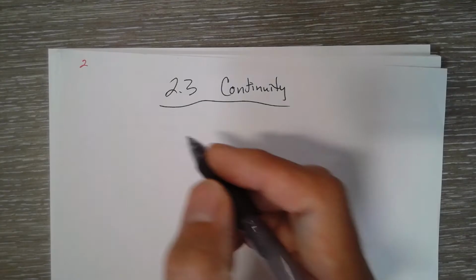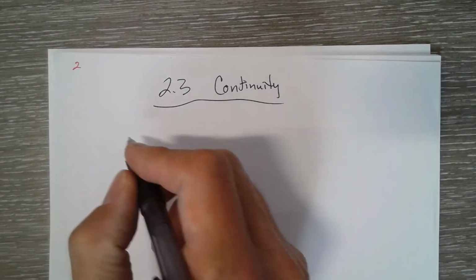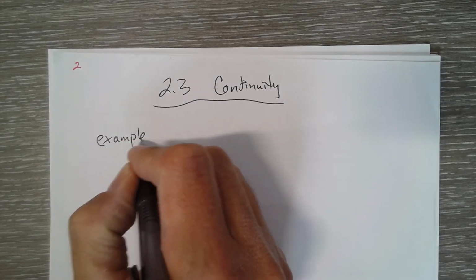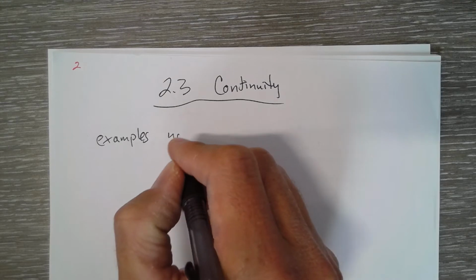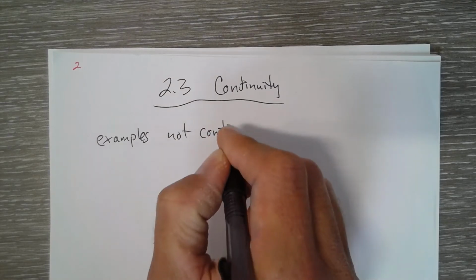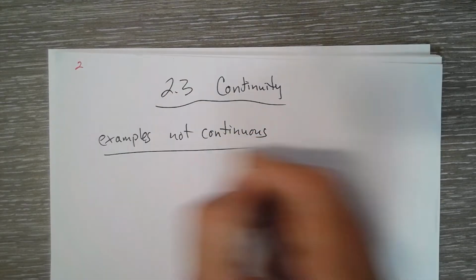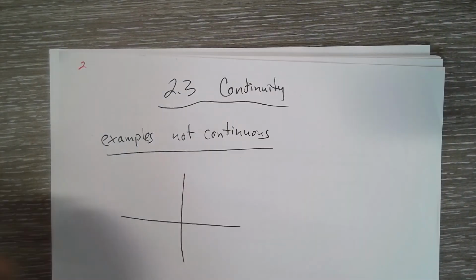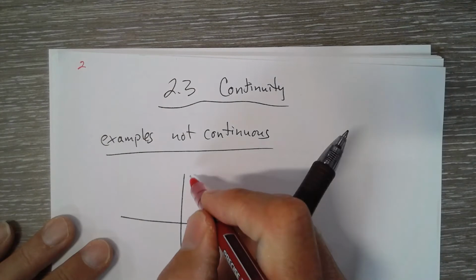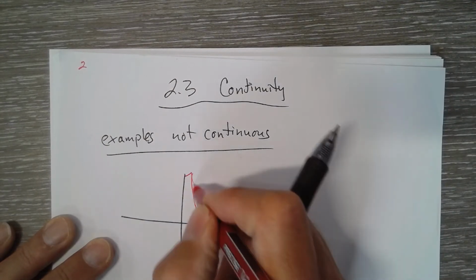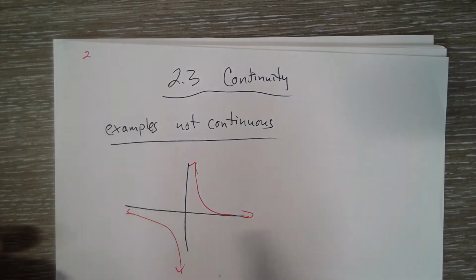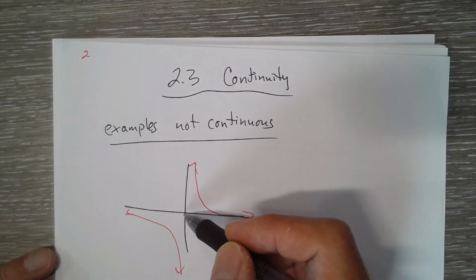So most examples would be of things that are not continuous. Not continuous. So if I have, if there's an asymptote, so this is continuous everywhere except for at x equals 0.